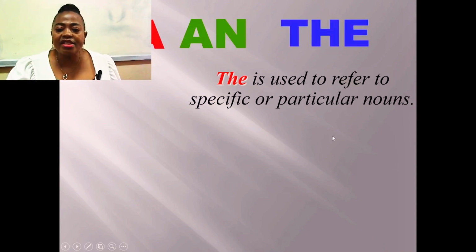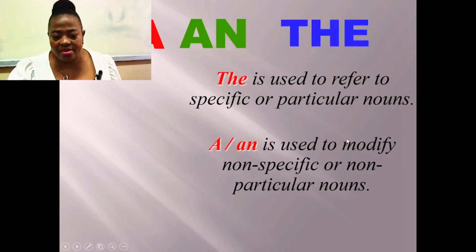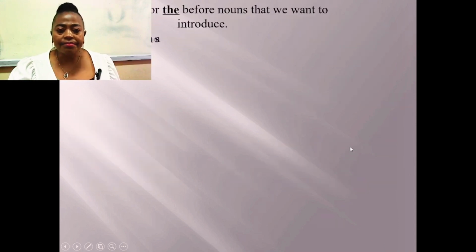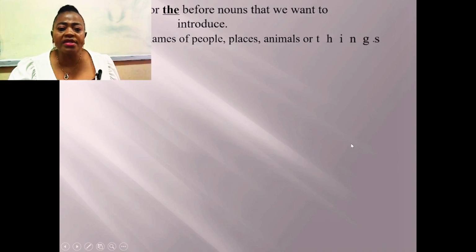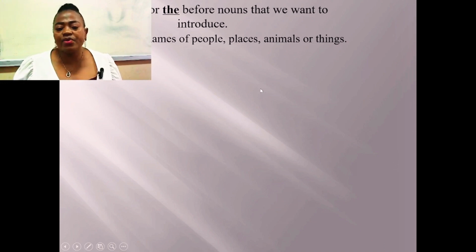The is used to refer to specific or particular nouns. A and an are used to modify non-specific or non-particular nouns. And we use a, an, or the before a noun to introduce the noun that you want to introduce. Nouns, what are nouns? The next question you're going to ask yourself, since I'm talking about nouns.